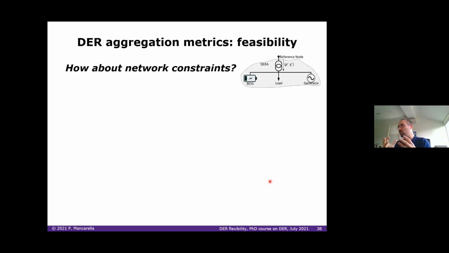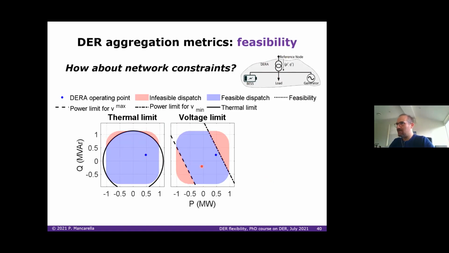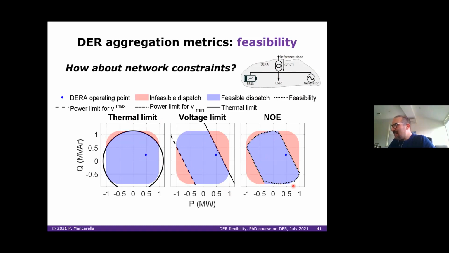That's why we move from what we call capability to so-called feasibility. Because the moment that you introduce in this toy network some form of thermal limits coming from the networks, some form of voltage limits, again, associated with the network, suddenly what you actually have is a region that is smaller than what we call the capability, because of the network constraints you have in the system.